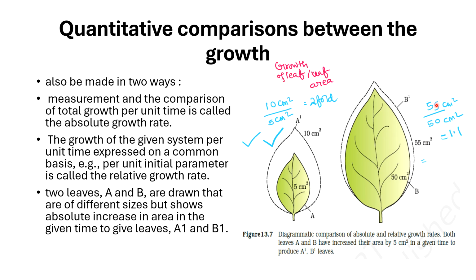After time t, it became 55 centimeters square. So the increase in the leaf surface area is 1.1 times or 1.1 fold. So the relative growth rate of A is more than that of B. I hope that is clear for you guys.